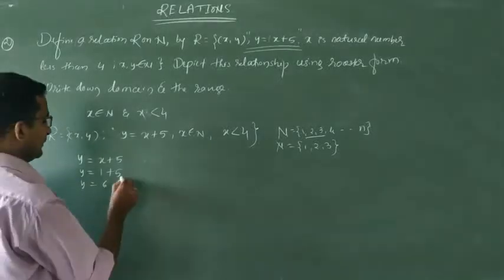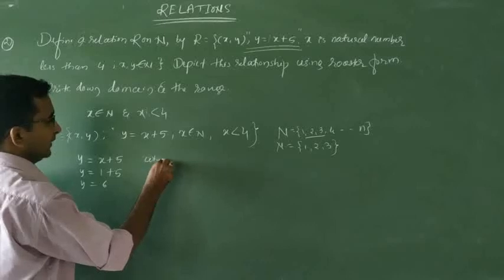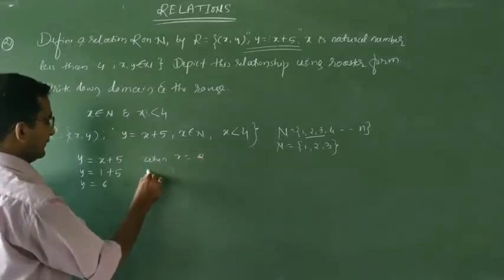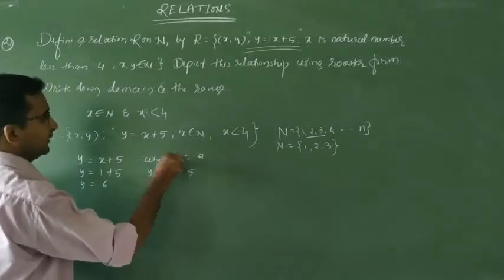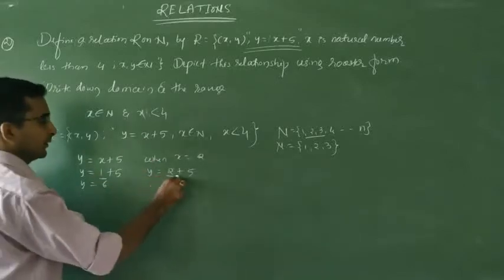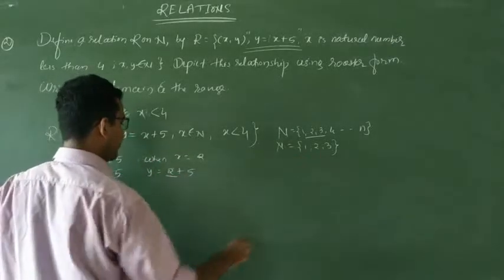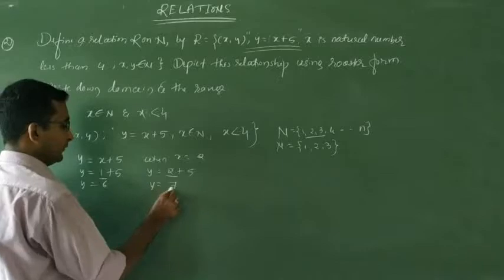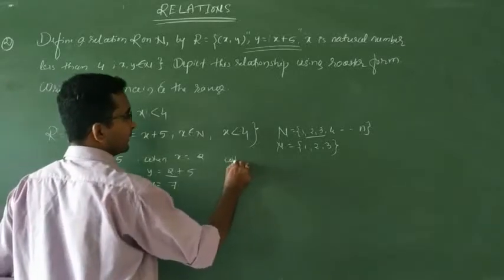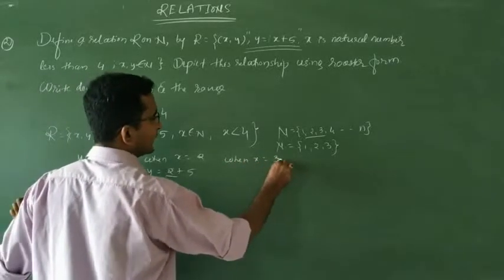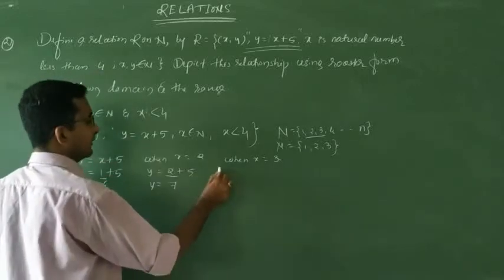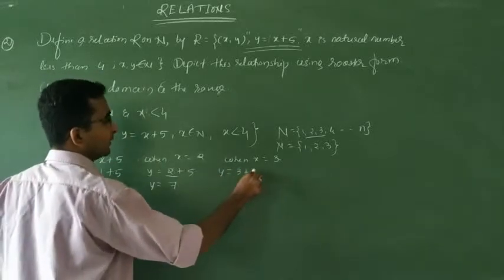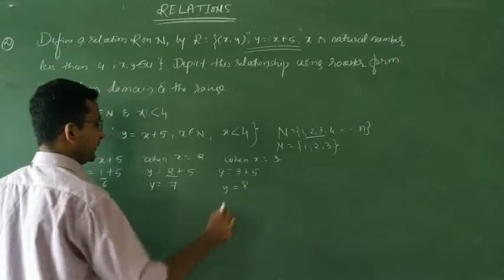Next, when x is equal to 2, then y is equal to 2 plus 5, so y is 7. When x is equal to 3, then y is equal to 3 plus 5, so y is 8.